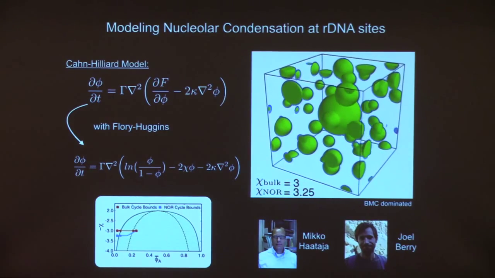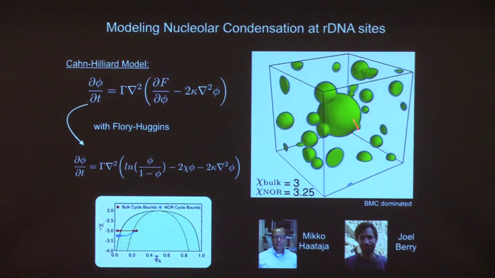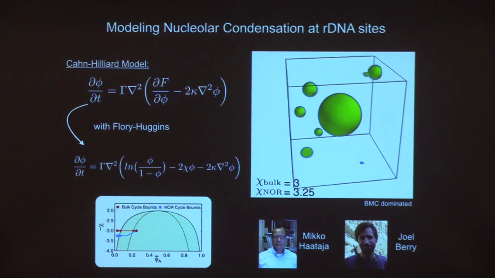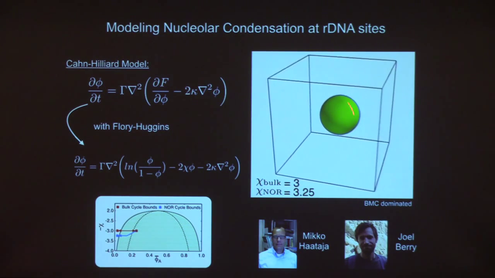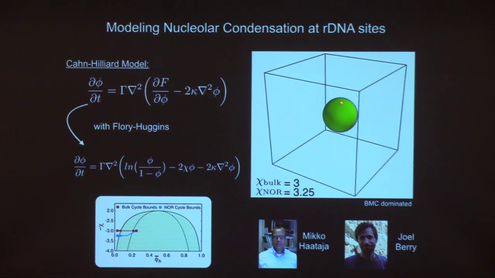Initially we nucleate droplets everywhere, and then we elevate the chi parameter locally, which is modeling ribosomal RNA being transcribed there. And then, sure enough, these guys win out. So it's like an Ostwald ripening type of effect, where you've got a local thermodynamic preference due to the RNA being transcribed there.